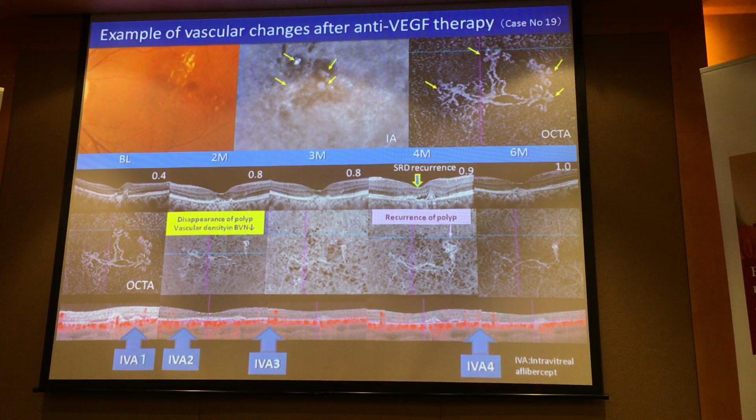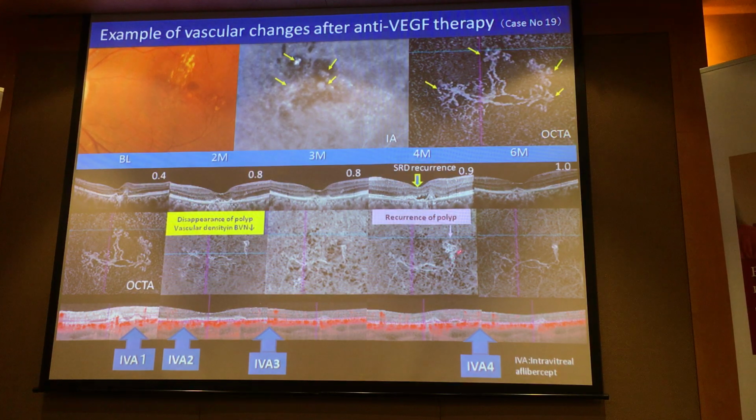We can see regression of the polyps and BVN both by two injections of aflibercept. And after three injections, you can see a regression of the polyps.